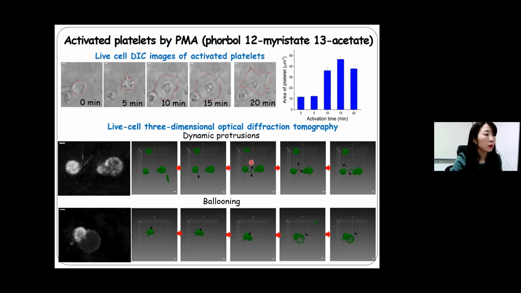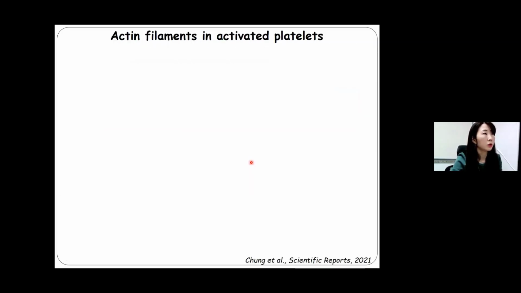Under this condition, we tried to take STORM images to observe the ultrastructure of the various organelles inside the platelet. First of all, we took STORM imaging for the cytoskeletal elements, among them, first of all, actin.